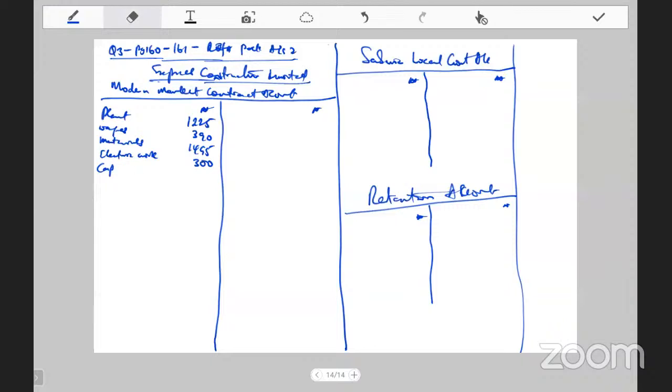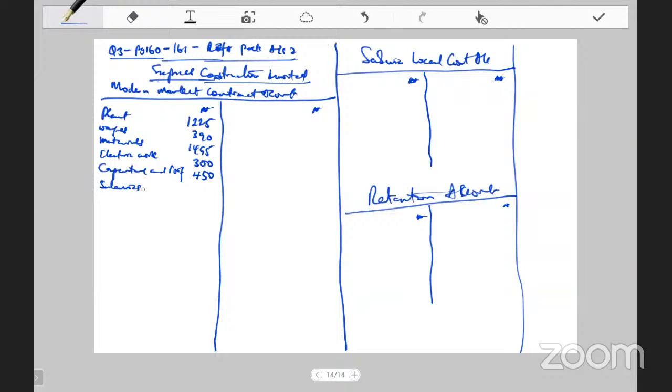You must write it out properly. Carpentry and roofing. How much? 450. Next, you are reading for me. What's the next item? Salaries of foreman and supervisors.